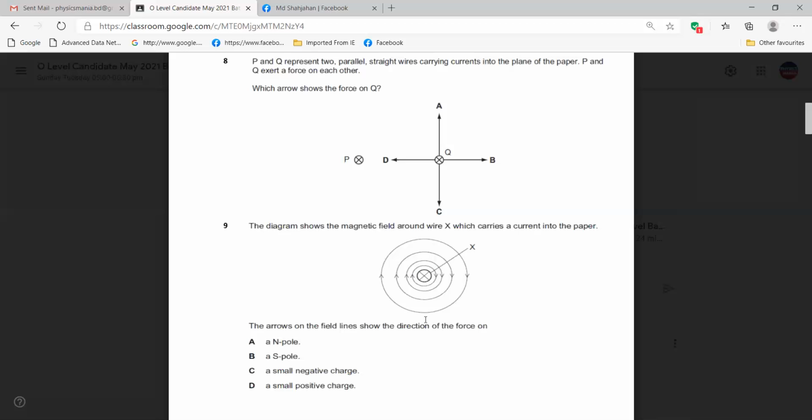In a compass, the arrow is representing the North Pole, right? Over there in question number 4, can you remember?